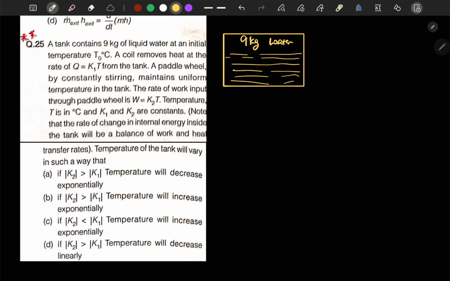Now we have installed a cooling coil, and from the cooling coil we are removing heat at the rate of K1 T. The initial temperature T1 was T0 degree Celsius, and a paddle wheel, by constantly stirring, maintains a uniform temperature.